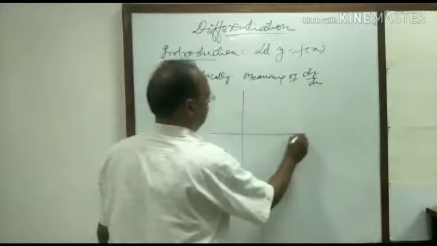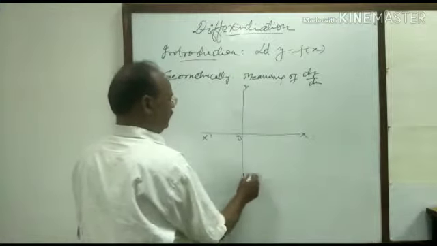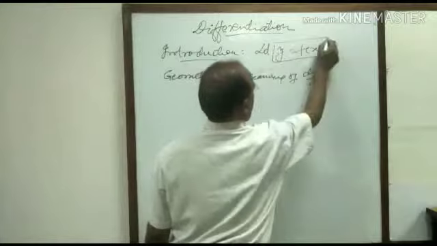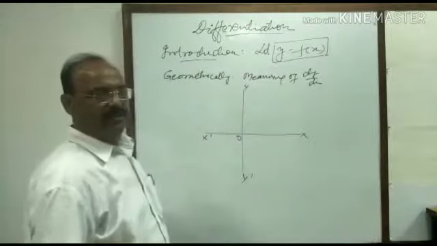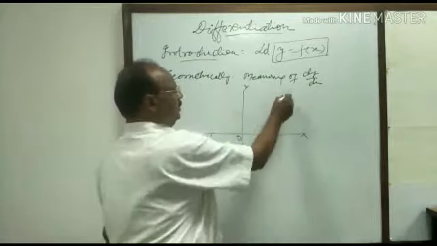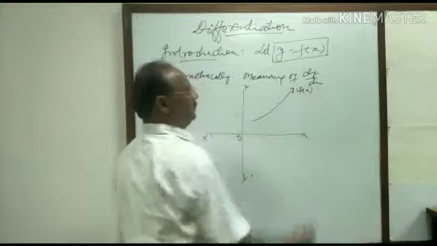Here, this is the axis system, x-axis, and this is the y-axis. And y is equal to f(x) can be represented geometrically with the help of a curve. Suppose this is a curve for y is equal to f(x).